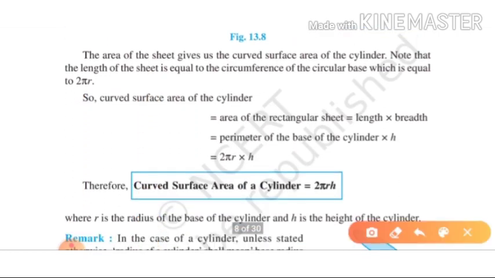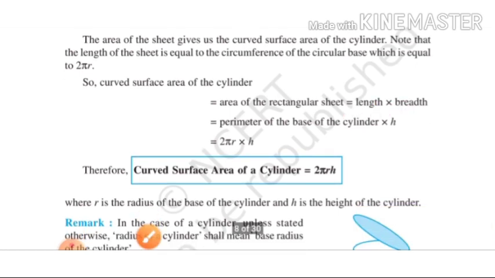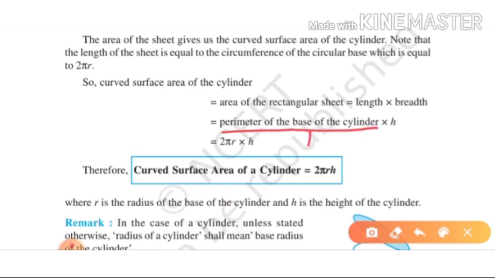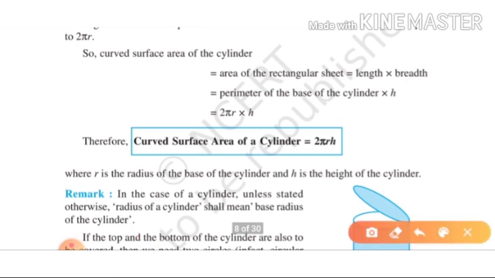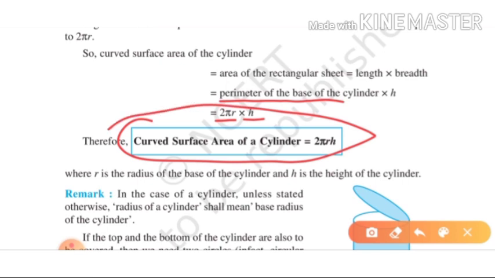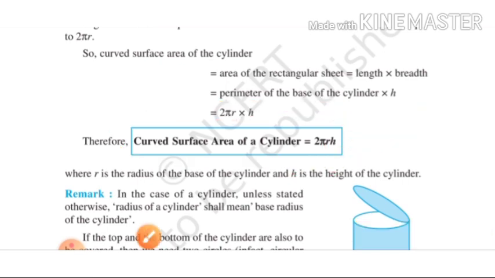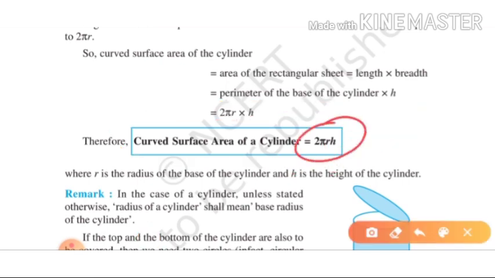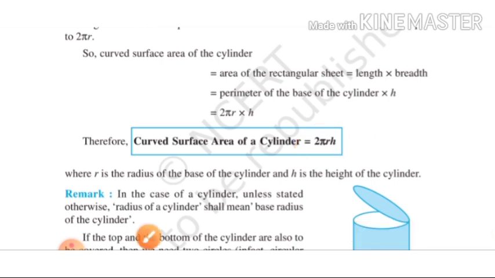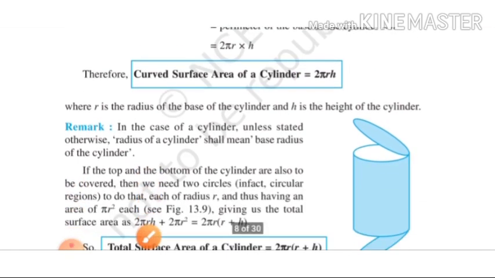That is why L into H means the perimeter of the base, which is L, equal to twice pi r, times H. So the curved surface area of a cylinder is 2 pi r H, where r is the radius of the circular region and H is the height of the cylinder.